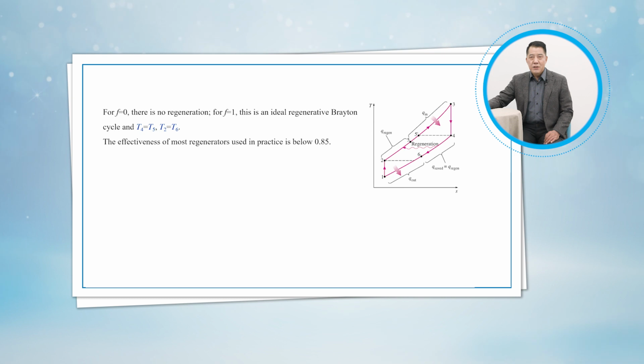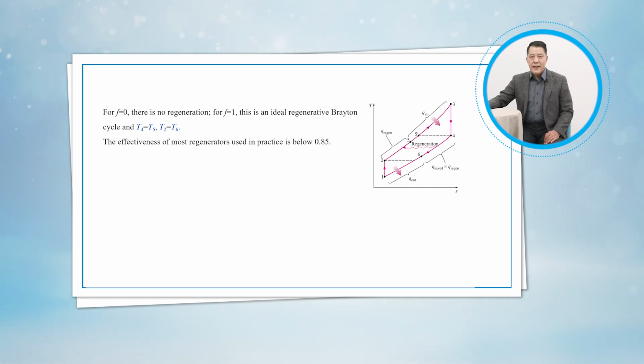For zero regeneration effectiveness, there is no regeneration. For unity regeneration effectiveness, this is an ideal regenerative Brayton cycle, and we have T4 equals T5 and T2 equals T6.